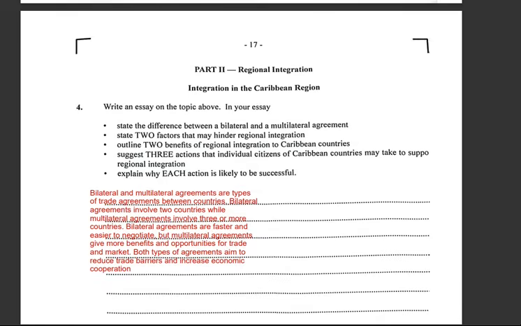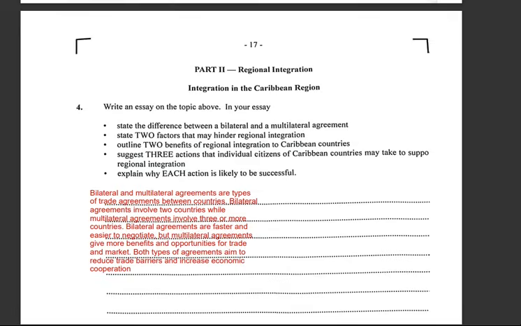So three actions citizens of the Caribbean may take to support regional integration would be identifying the objective and scope. So identifying how regional integration helps, what the objective is, and how they can scope it. Another one would be developing the strategy and an action plan. Simply meaning, how well does regional integration benefit the country?